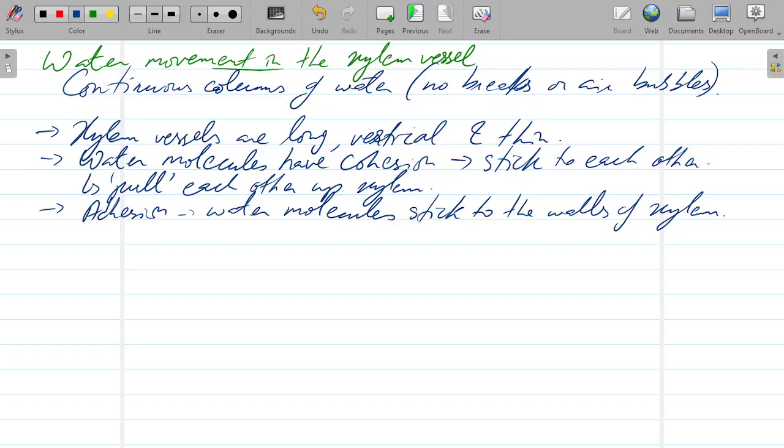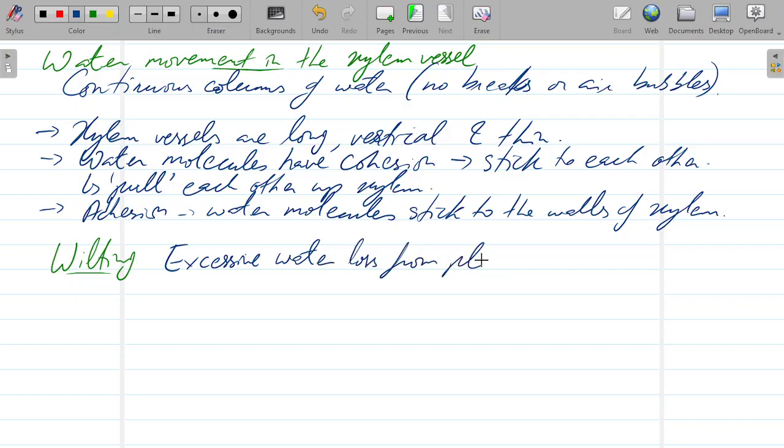Then there's the issue of wilting that we've already covered, right? So wilting is when there's not enough water in the cell. So there's water loss due to transpiration, too much transpiration, right? And you could say there is excessive water loss from the plant cells.